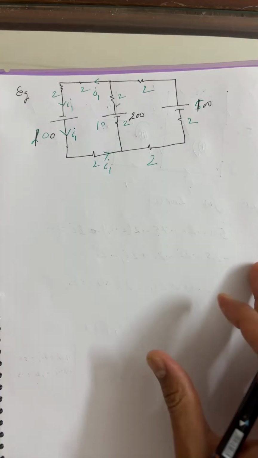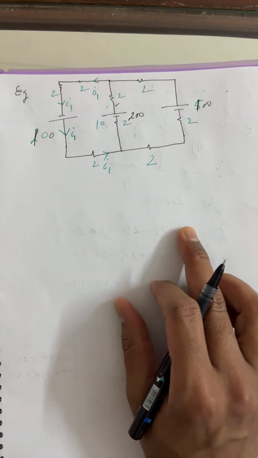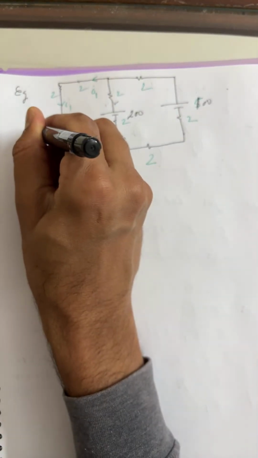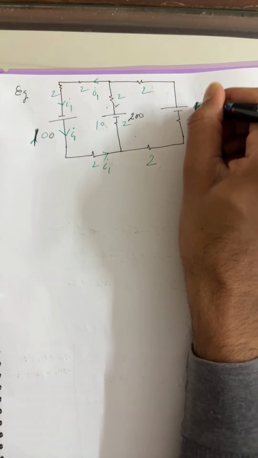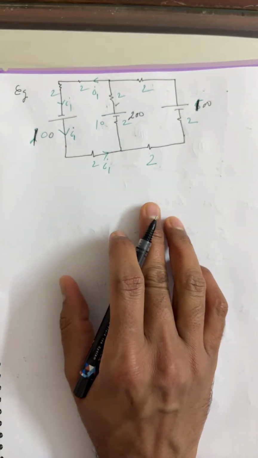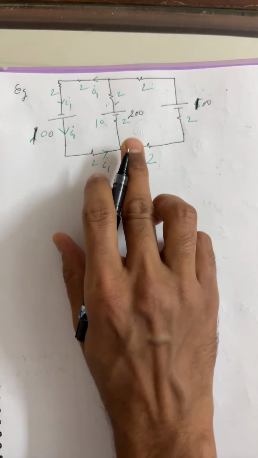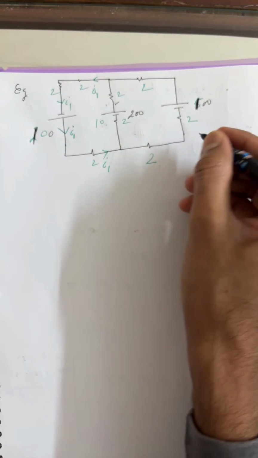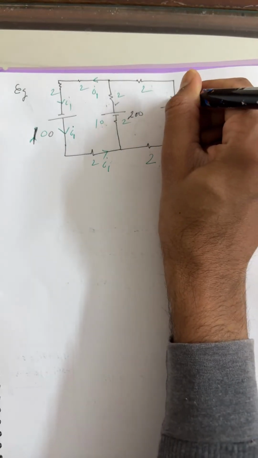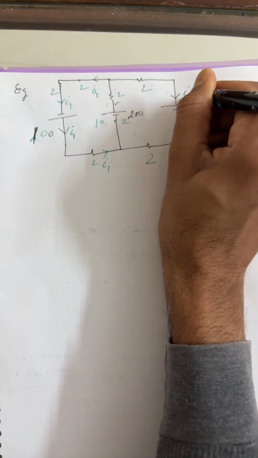I wanted to solve it with a somewhat different method. But again, I'm repeating, this is 100 volt. This is also 100 volt. Now, this is very fine. So now current, maximum will go from here. You can write this is I2 current.